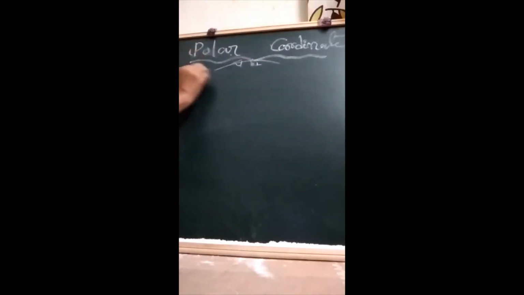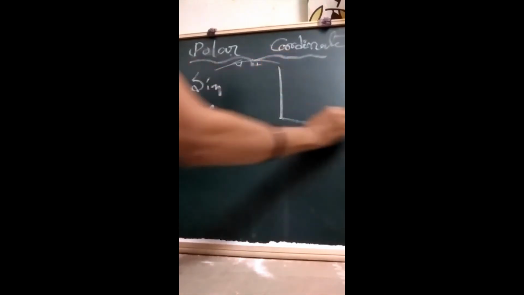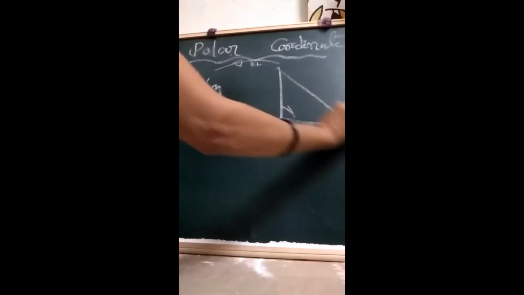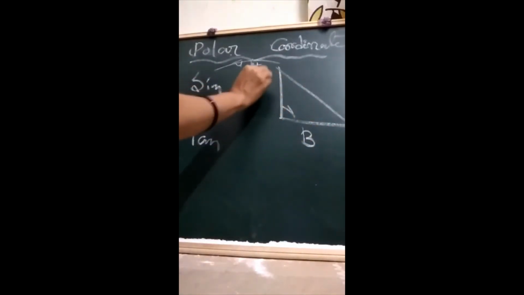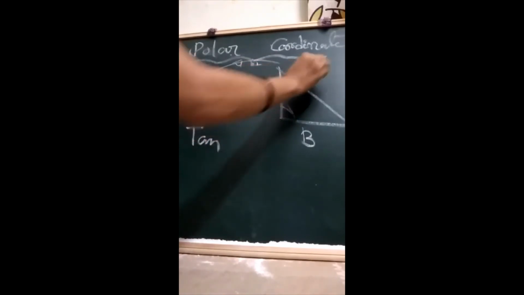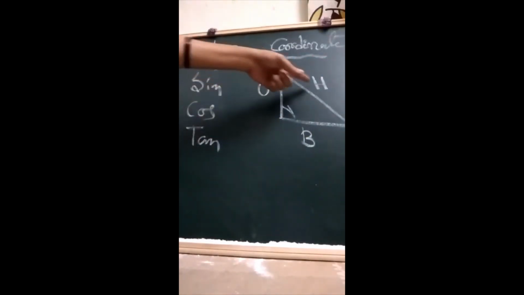We are all familiar with three things: sine, cos, and tan. Suppose this is the angle of 90 degrees. This is the base, this is the opposite, and this is the hypotenuse. In Bengali, this is the bhumi, this is lambo, and this is otibhuj.